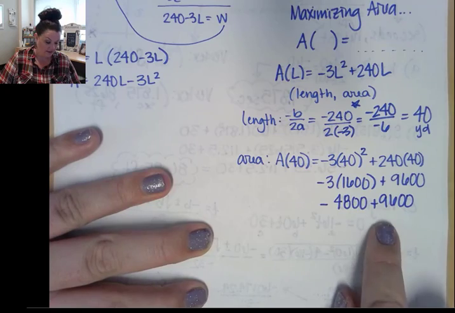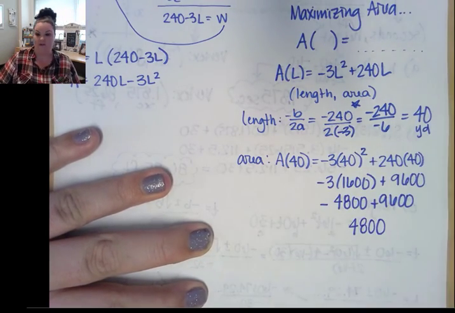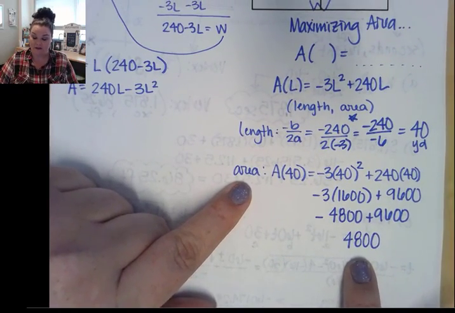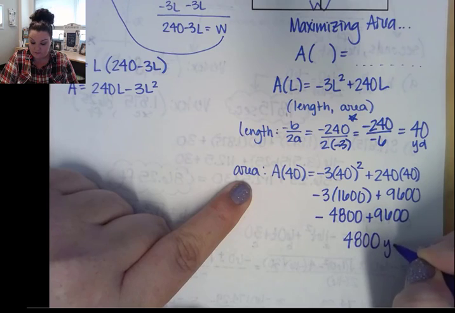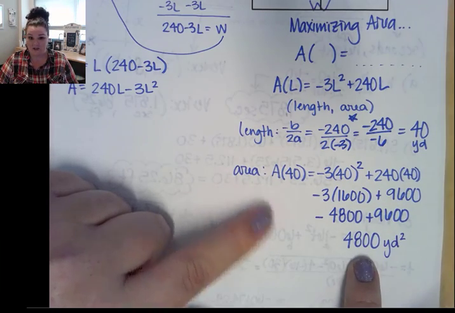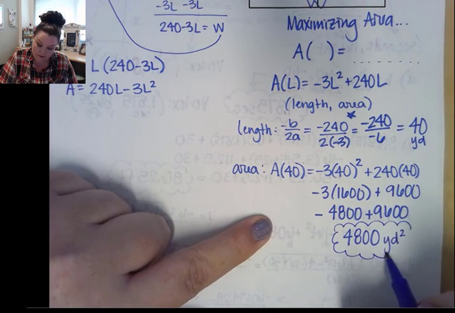When I combine those, it gives me a positive 4,800. And remember, the second coordinate represents my area. So that means my maximum total area would be 4,800 yards squared. And that's what we were looking for.